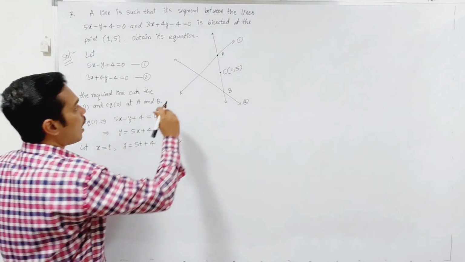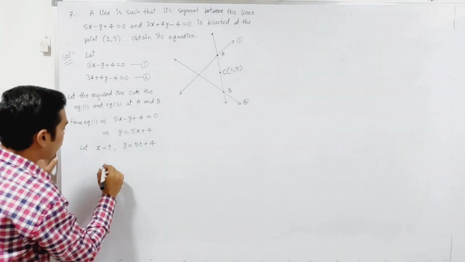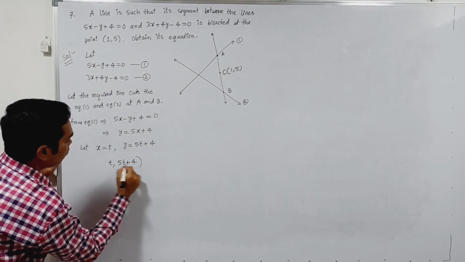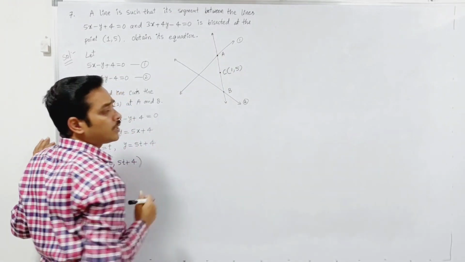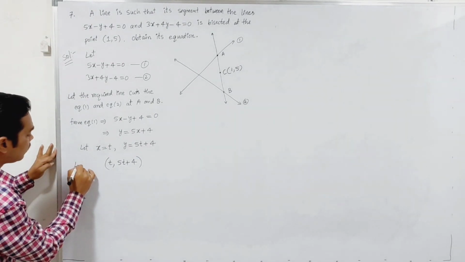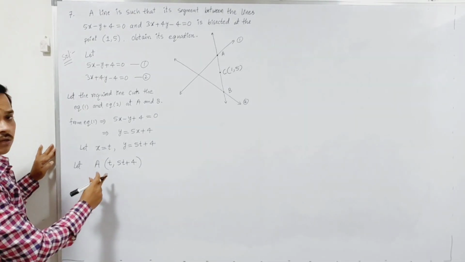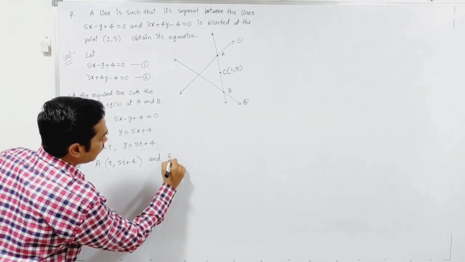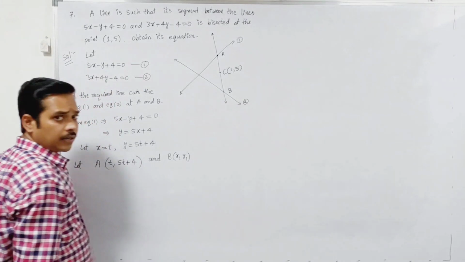That means on equation 1, on the first line, each and every point is in the form t comma 5t plus 4. Here point A also lies on equation 1. Therefore, let A be t comma 5t plus 4. And let us assume B x1, y1 is the point on the second equation.